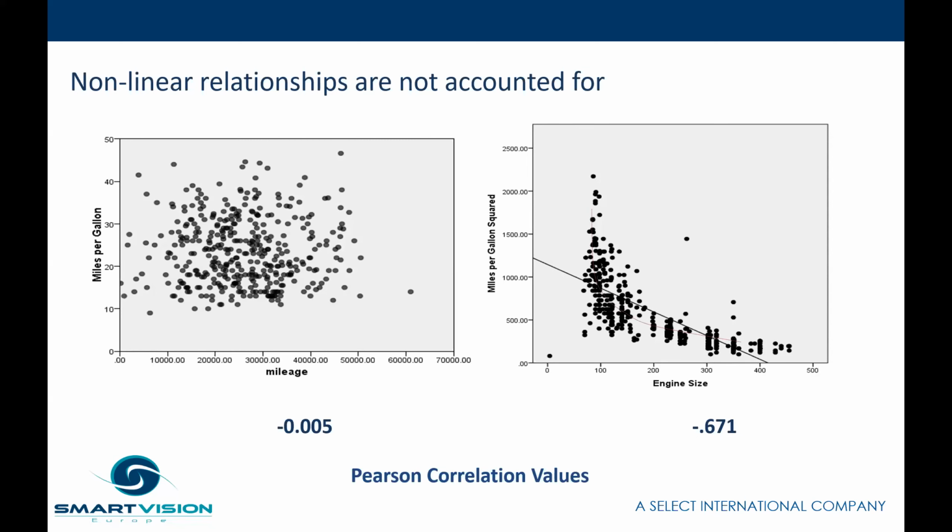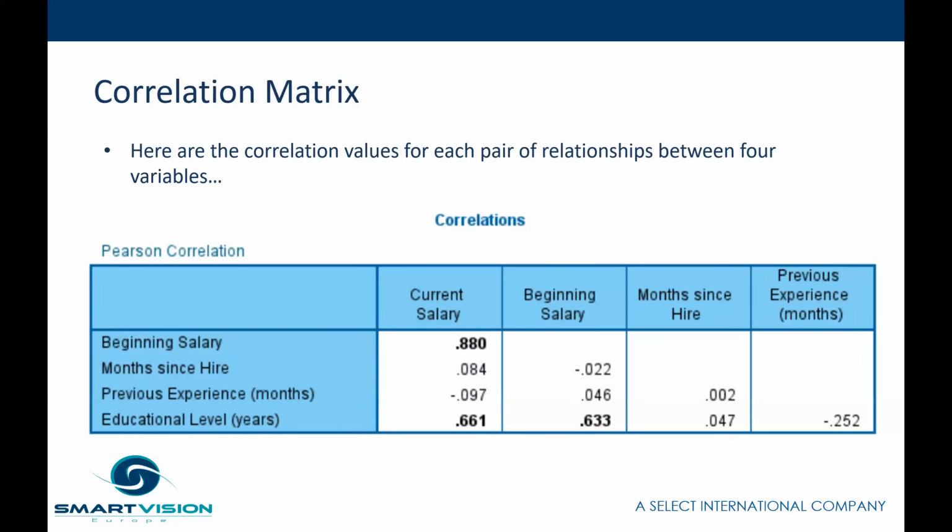the weaker the relationship. Now, here are some correlation values for each pair of relationships between 4 variables. In the data set we just looked at, which had employees, we have their beginning salary, the months since hire, their previous experience in months, and education level in years. If we look at the stronger ones here, I've highlighted them.